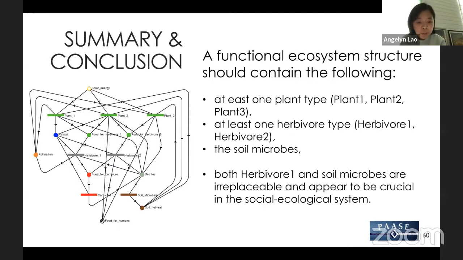However, if we go back to the table, we will observe that both herbivore 1 and soil microbes are irreplaceable because they are present in all 20 structures. And they appear to be crucial in the socio-ecological system because of the important components they provide, which is the soil nutrients and pollination that is essential and needed by plants to grow and live.